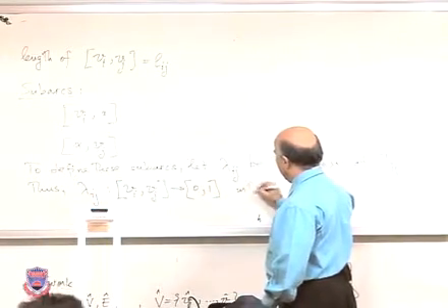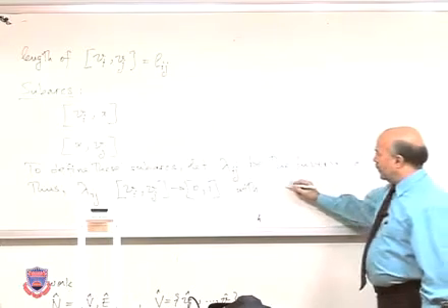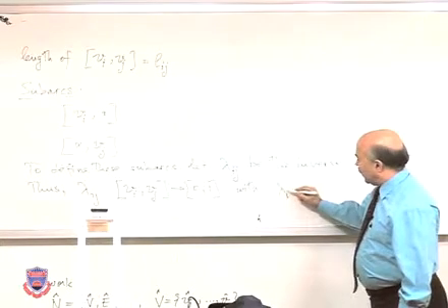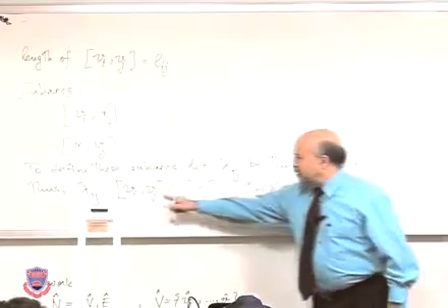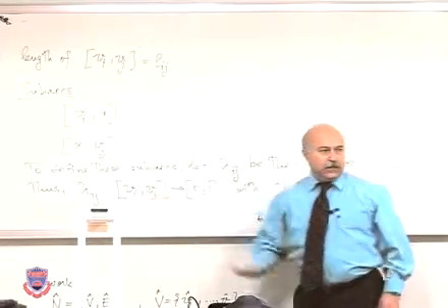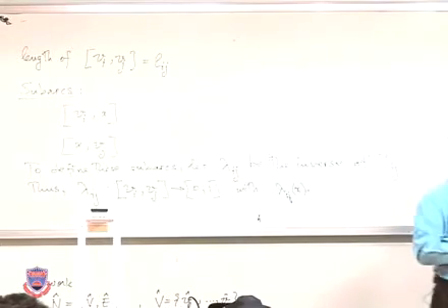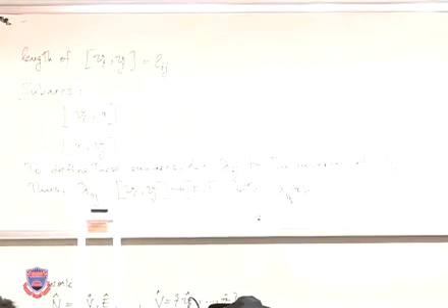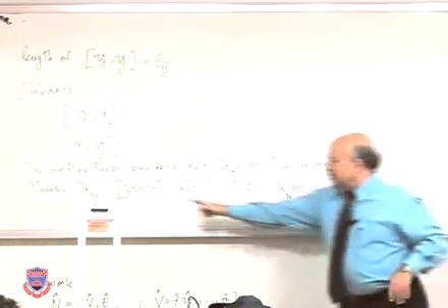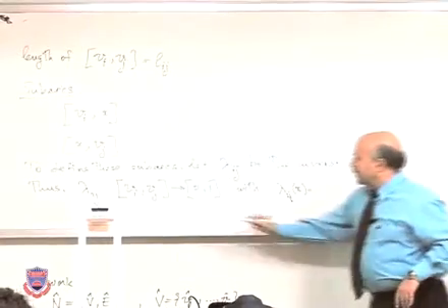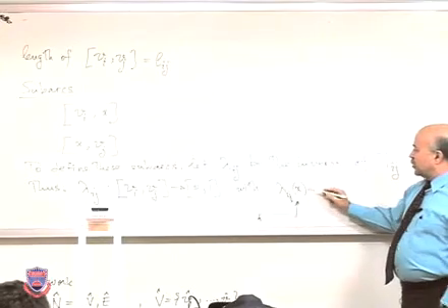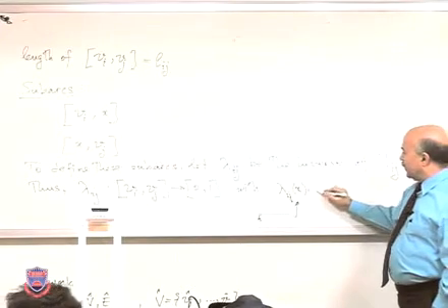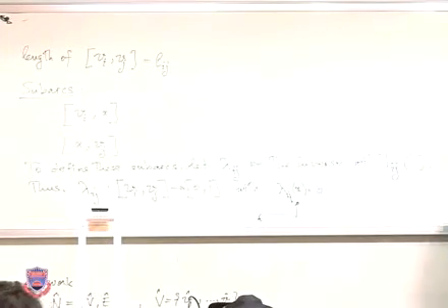With lambda ij of x, where x is a point in Vi, Vj. I'm taking a point from the domain of definition of lambda ij. So x comes from here. I assign to it some number, say delta. Delta is a real number between 0 and 1.